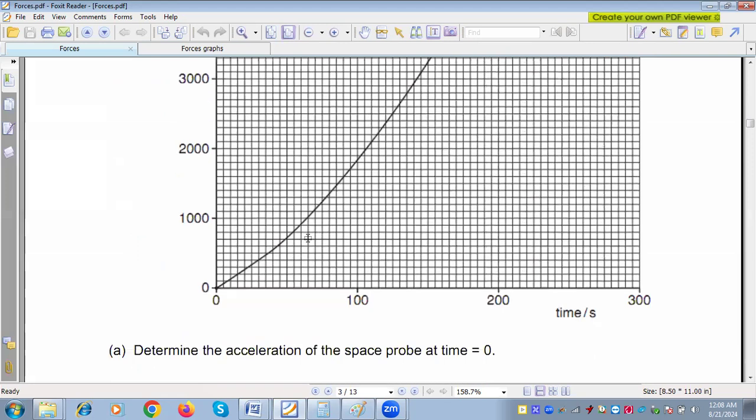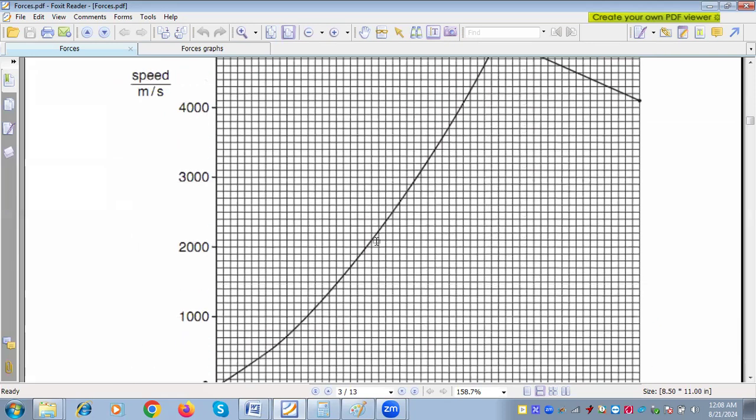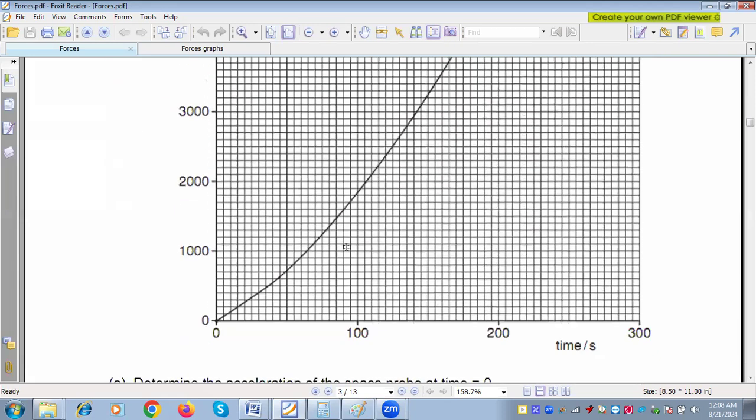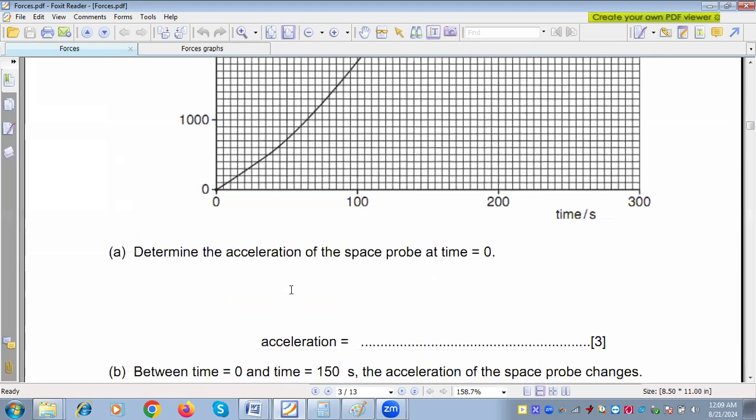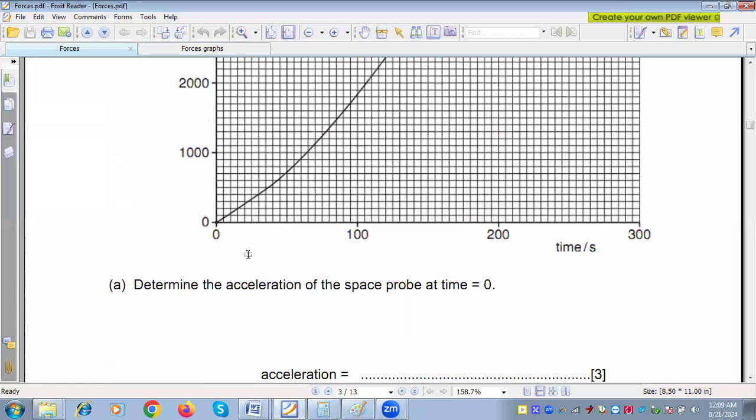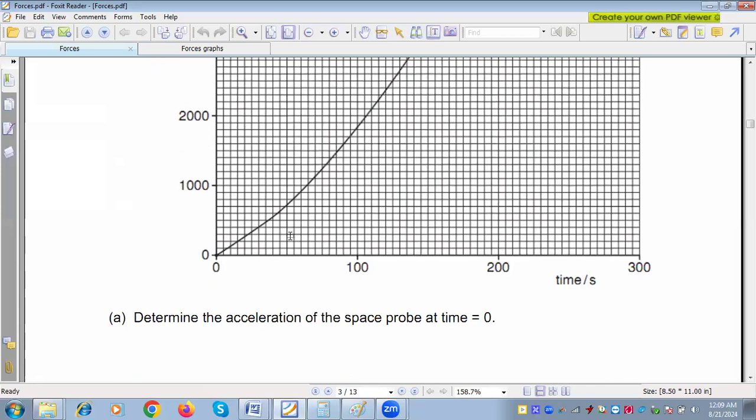So you can see from the graph, the shape tells that the graph is becoming steeper later on. You have to calculate the acceleration at time t equals 0. So at t equals 0, we have to choose the time up to which the acceleration is uniform.